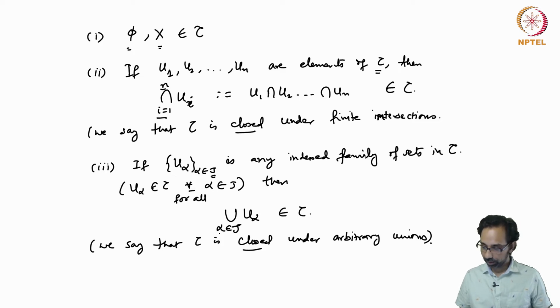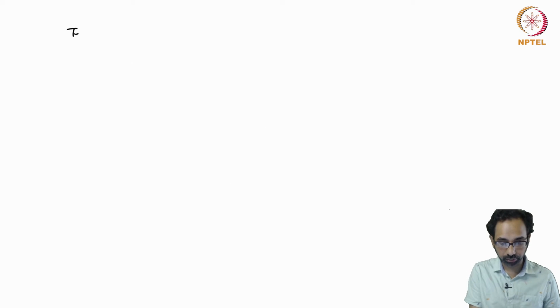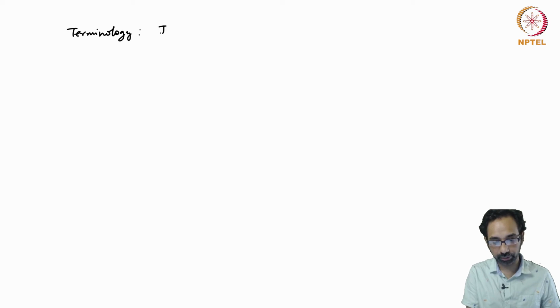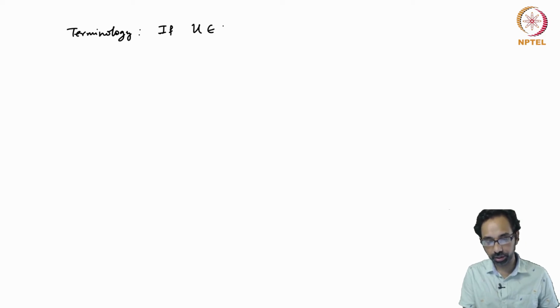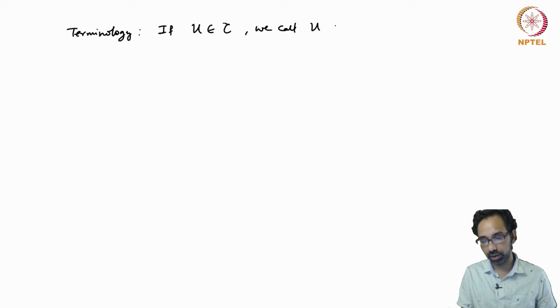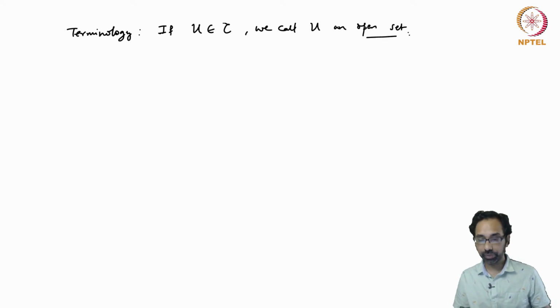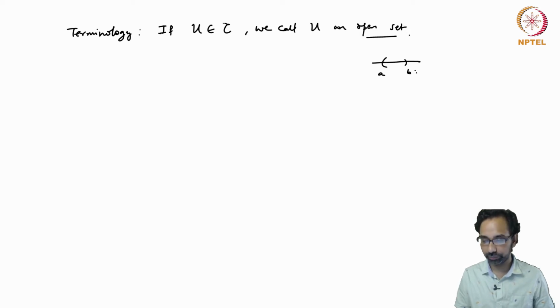A terminology that we will use all the time is that if a subset U is in tau, we call U an open set. So any member of tau is called an open set, and this of course comes from the example of real numbers, where you have open intervals of the form (a, b).